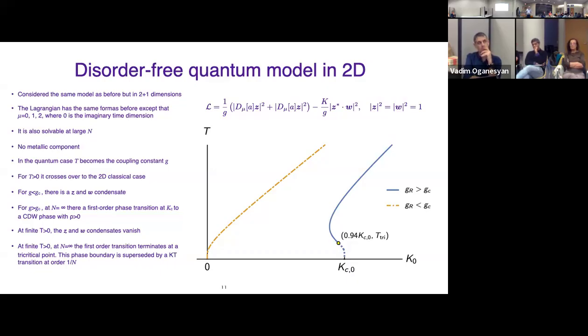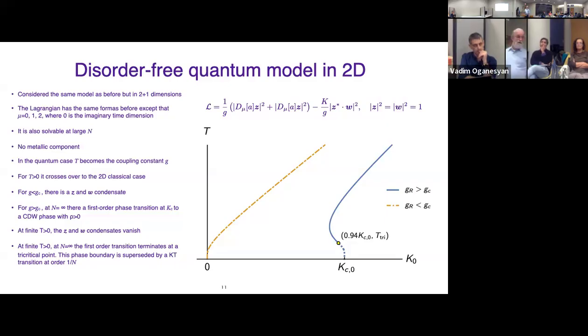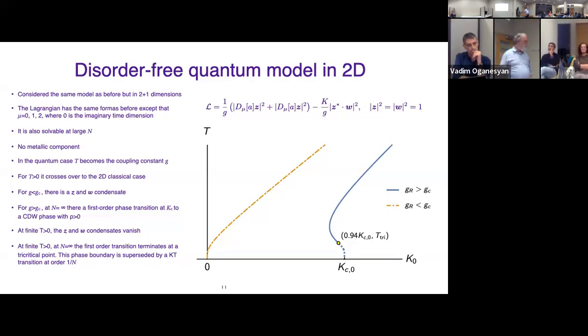Since it's 2+1 dimensions, there will be a phase transition even in the clean case. The z's and w's will come into the phase where they converge, which is usually the fixed phase. And then the term that appears is actually in the denominator, disorder.